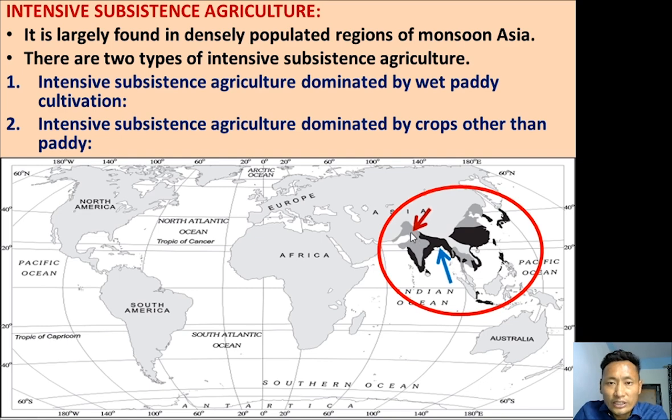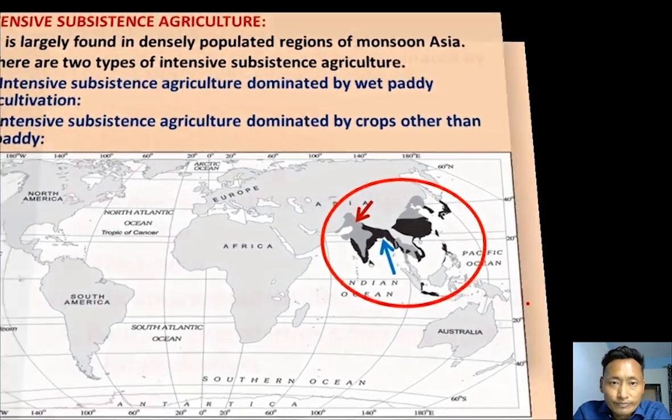In this light shaded area, they are cultivating two or more crops other than rice, mostly wheat and barley, in the same particular land in order to subsist themselves. Because of that, it is called intensive subsistence agriculture dominated by crops other than paddy.